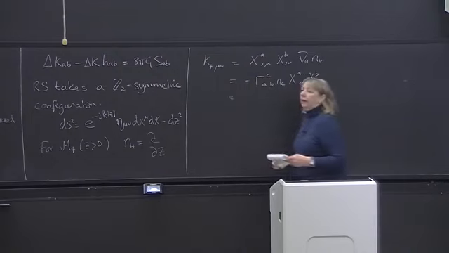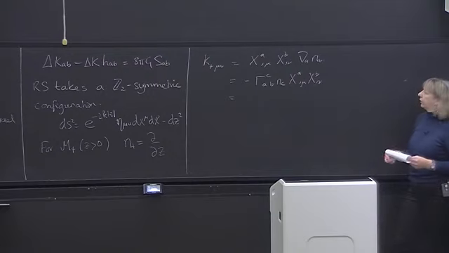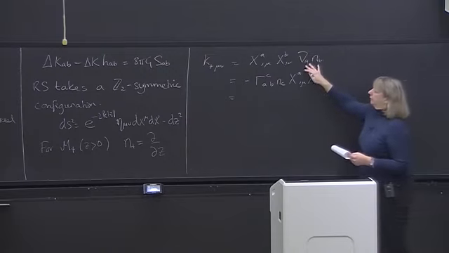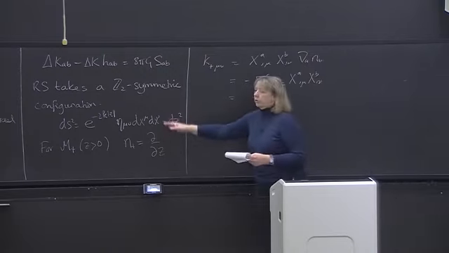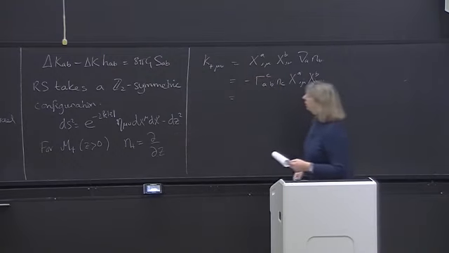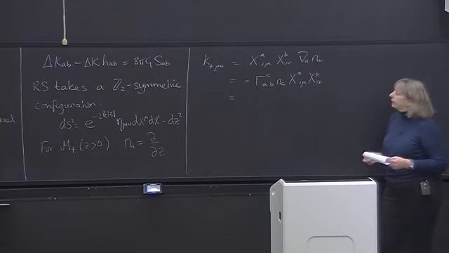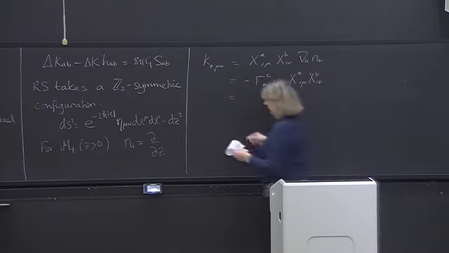So my K, remember K is just the covariant derivative of n projected parallel to the surface, to sigma. And of course n is d by dz, where z is the proper distance. So our normal just has a -1 in the z component, so that's why I get this.